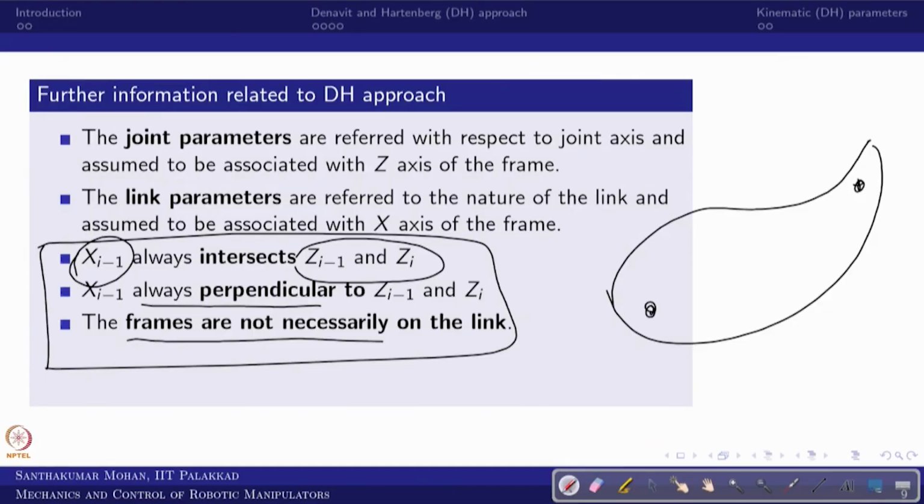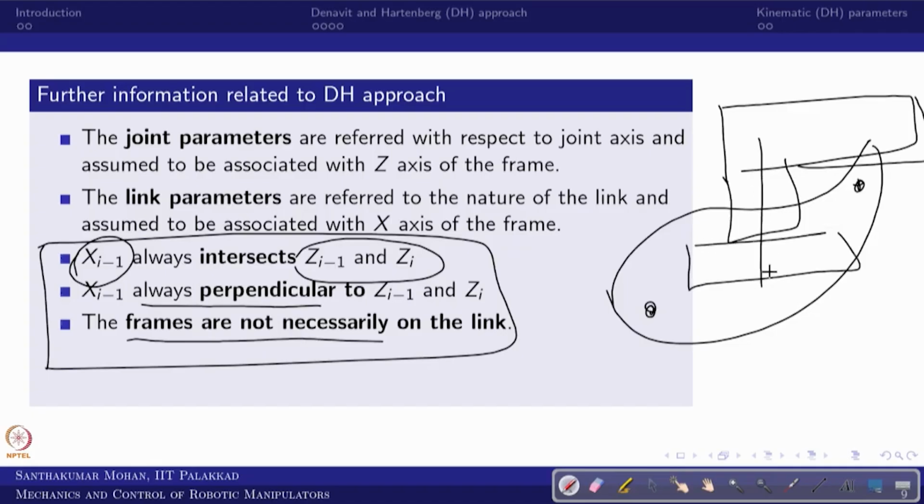This link is attached with another link, and even the frame can be fixed here rather than there. So the frame need not necessarily be on the link; it can even be outside. That is the whole idea here.